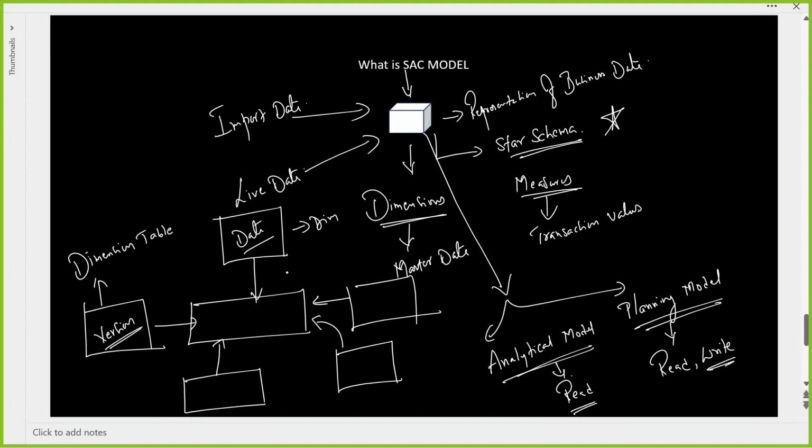In analytical model, date is not mandatory. Only one is mandatory. Whereas in planning model, date also is mandatory. So this is the dimensional difference between your analytical model and planning model. We'll see the practicality also along with the theory. Fine.